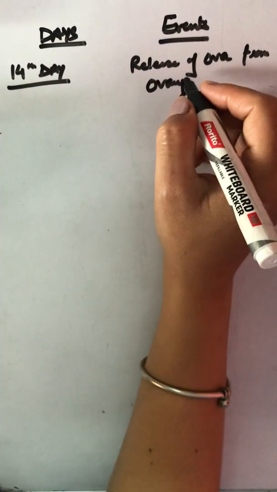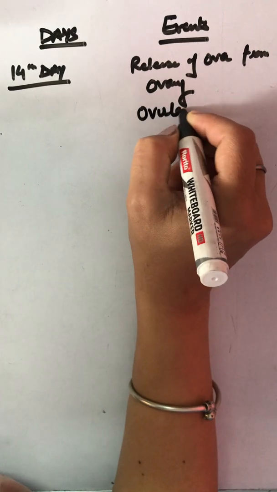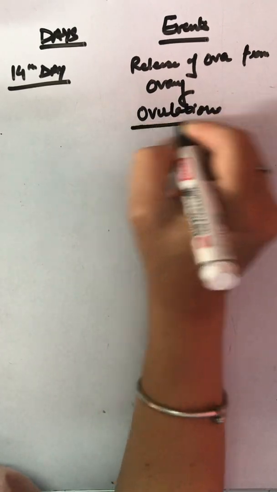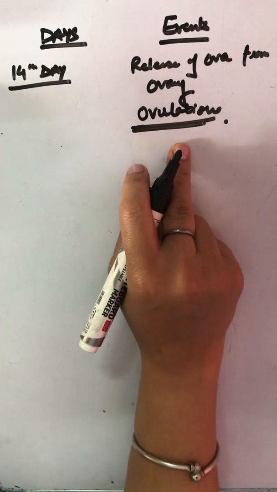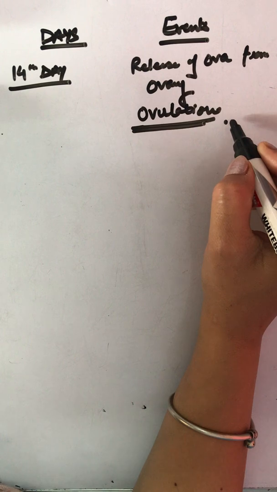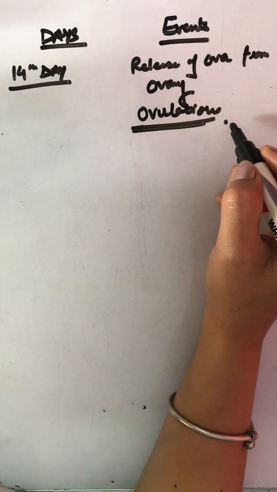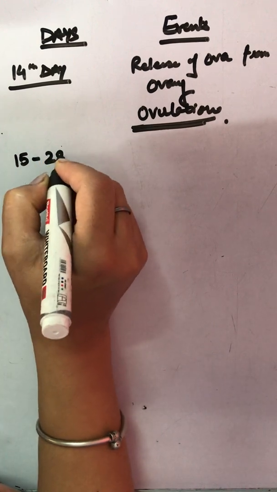Clear? Release of ova from the ovary takes place and this process is known as ovulation. This is an important point here. On the 14th day, the mature ova is released from the ovary and reaches the fallopian tube. This is ovulation. Then 15th to 28th day.